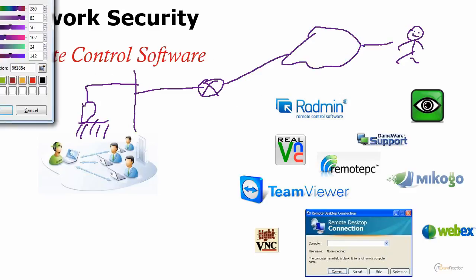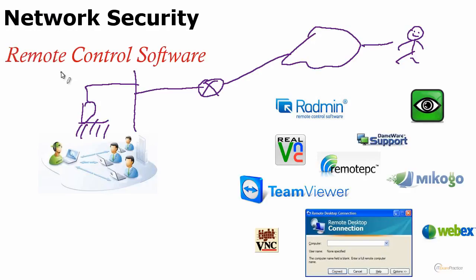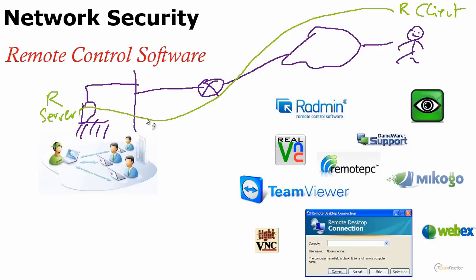You will have, let's say, a Radmin or VNC client here, and here you will have a Radmin or VNC server. It's a client-server solution, and a session will be created between these two sites, right? Of course, it's not recommended doing it across the internet anyway.